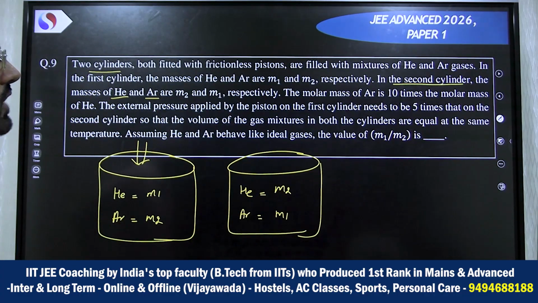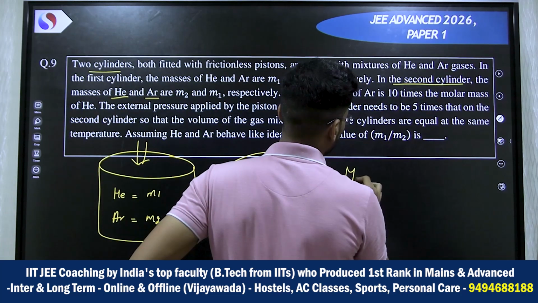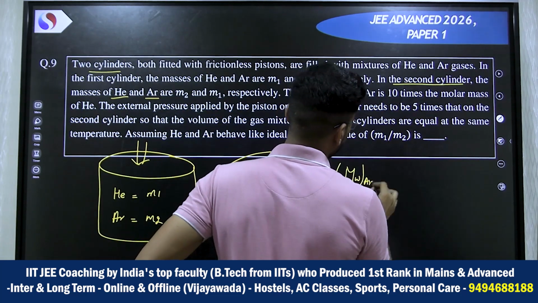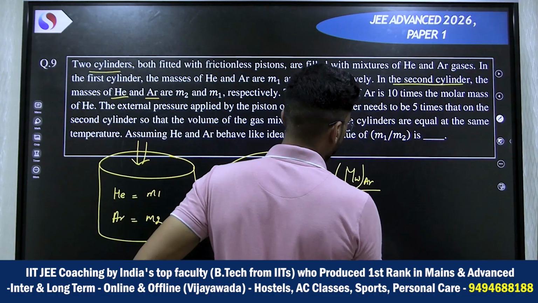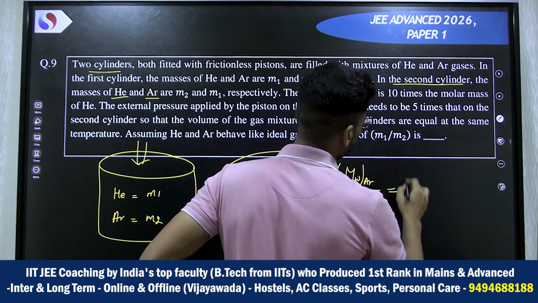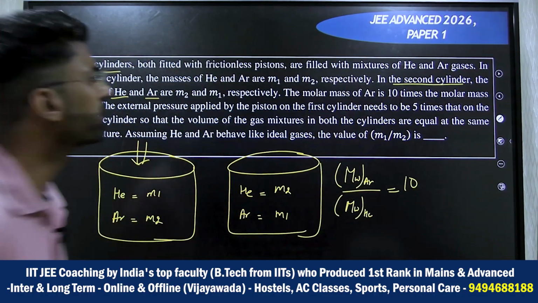The molecular mass of argon is 10 times that of helium, we know that. Molecular weight of argon is 40, molecular weight of helium is 4, obviously 10 times. Nothing new.